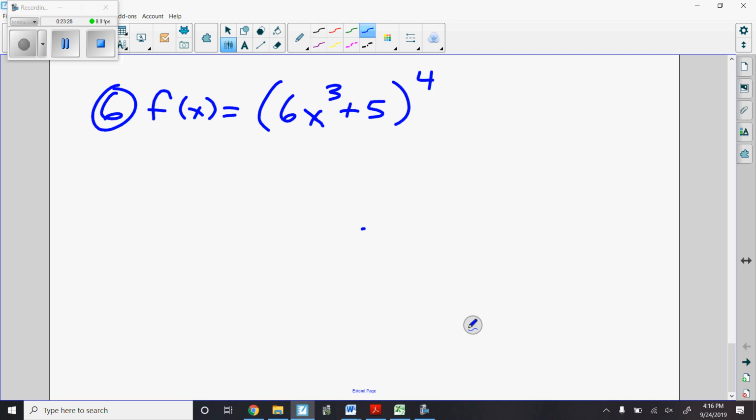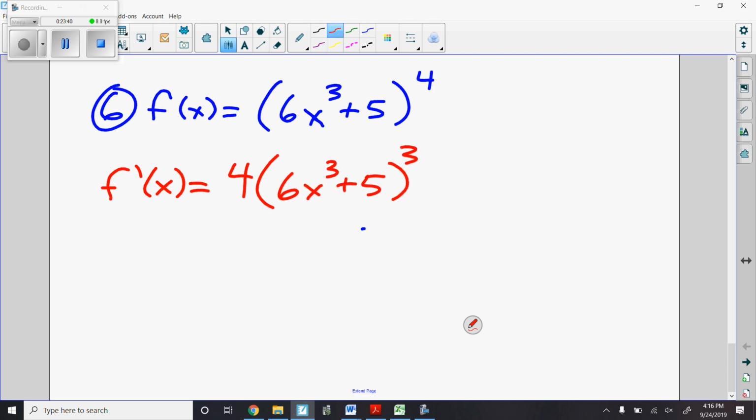So to do this derivative correctly, I would say f prime of x equals the derivative of the outside with respect to the inside looks like this. That's f prime of g of x. And then I just need to multiply by the derivative of the inner function, which is 18x squared.